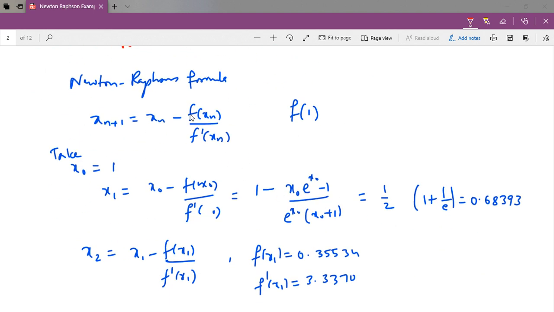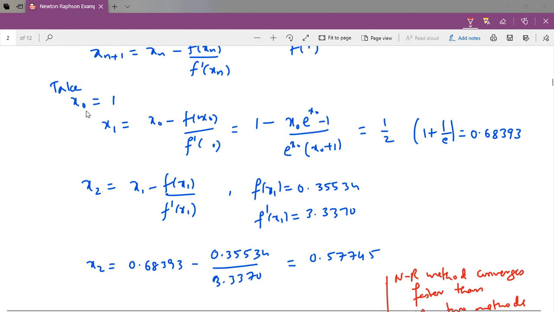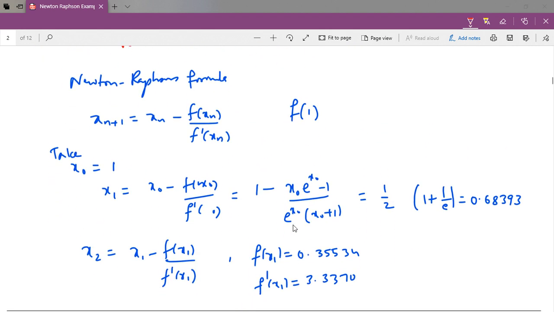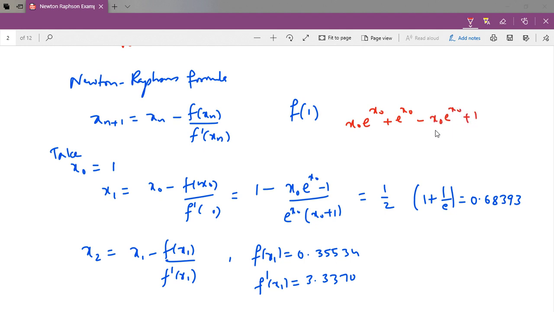So write the formula, you will get 1 mark. Take x naught is equal to 1. When you take the LCM here, e power x naught into e power x naught plus e power x naught minus x naught into e power x naught plus 1, divided by e power x naught into x naught plus 1.